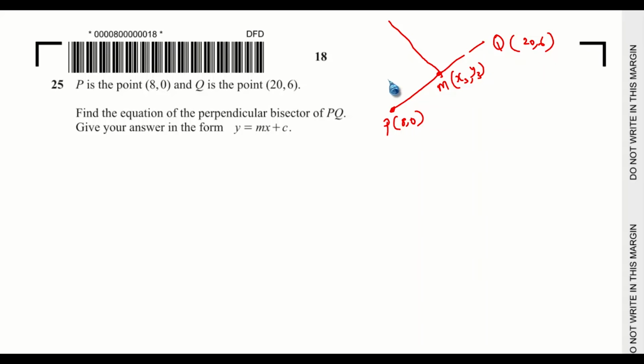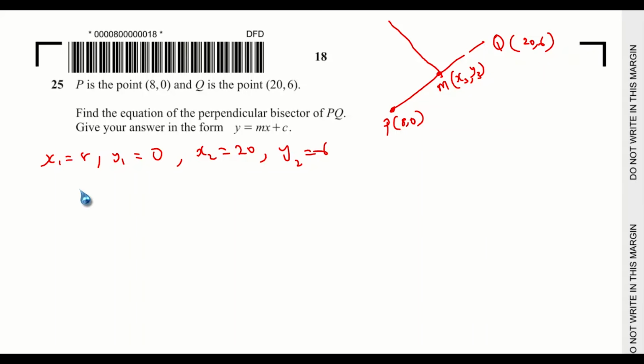So what do we need to do? Let's take x1 to be equal to 8, then y1 to be equal to 0, then x2 to be equal to 20, then y2 to be equal to 6. So we need to find the midpoint of length PQ, that is M, to get the values of x3 and y3.